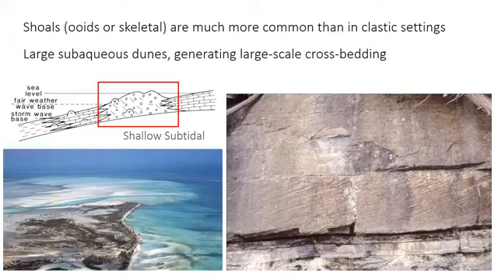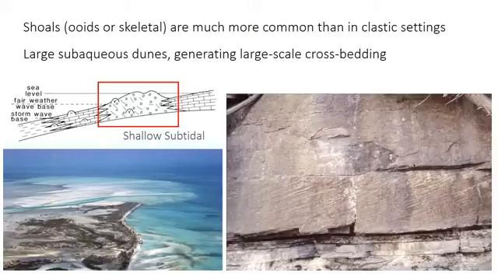The shallow subtidal environment, which is above fair weather wave base, has a variety of facies depending on the conditions on the ramp, whether it's storm dominated or not, whether there's substantial tides or not, just not too dissimilar from siliciclastics. But one thing that you do tend to find on a lot of carbonate ramps that is not so common on clastic shelves are these shoals, which are basically large sandbars or dunes made of, say, ooids or skeletal fragments.